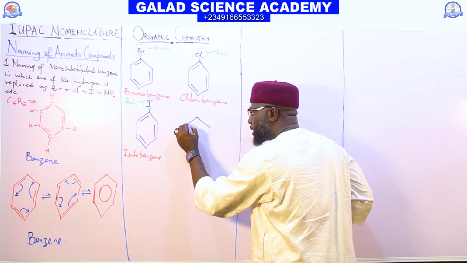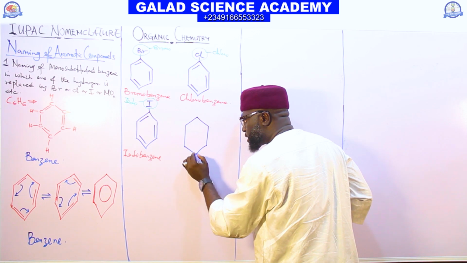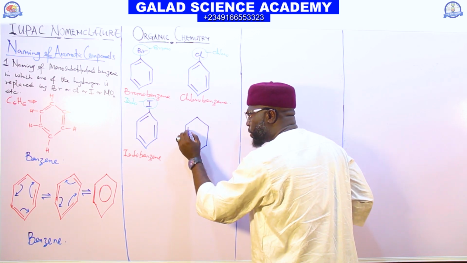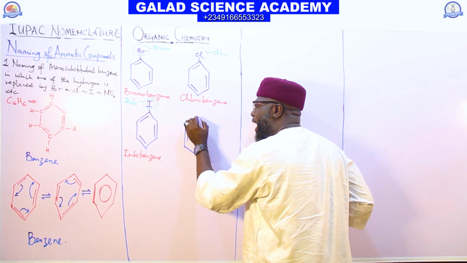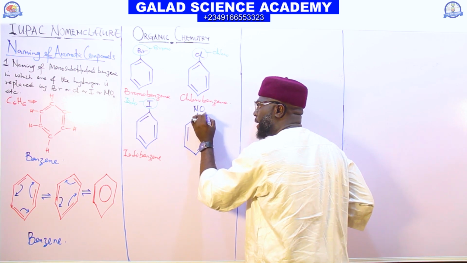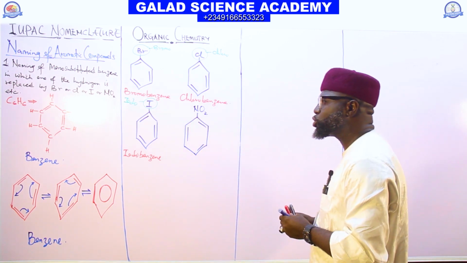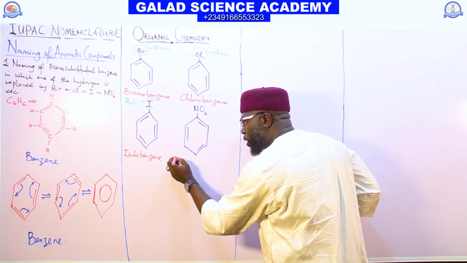So the next one is if you have a benzene structure in this sketch, like we have benzene in this sketch, and I put NO2 here. This NO2 stands for nitro.